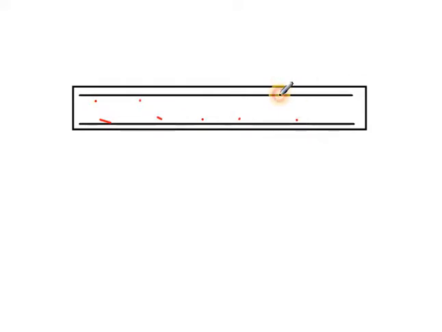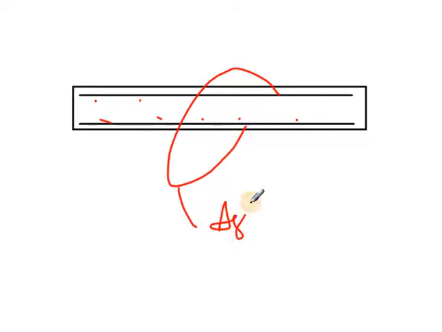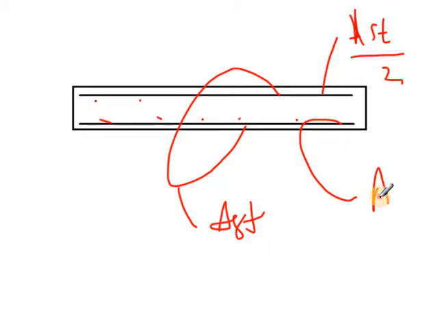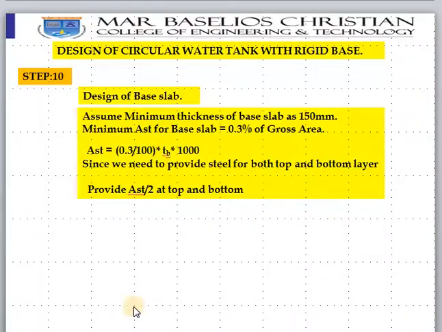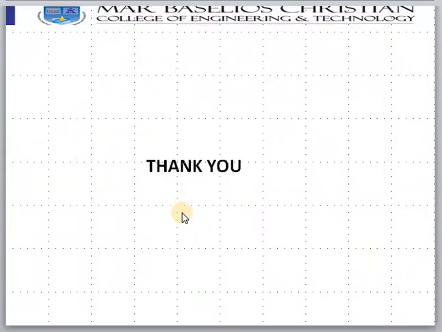So this total AST is going to be this, so the top you should provide AST by 2, and the bottom also AST by 2. So that is important. Then once you have found out AST, you find out the spacing. Okay, I think that's all. Thank you very much.